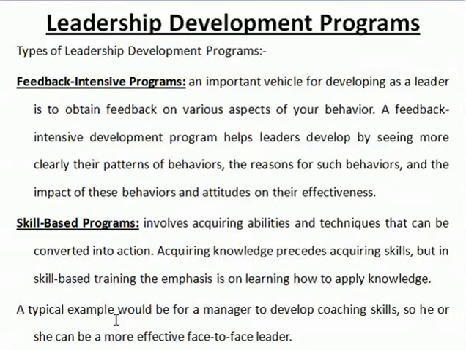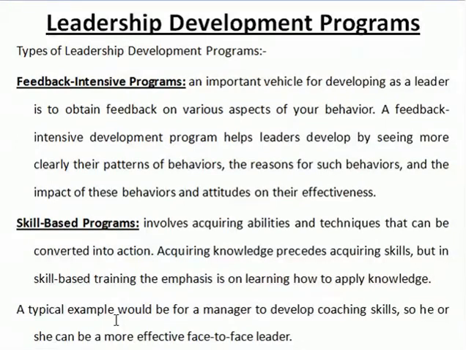So next we have a skill-based program. In the skill-based training program, the leader receives an idea of how to apply learning to a particular problem or situation that he is going to experience.